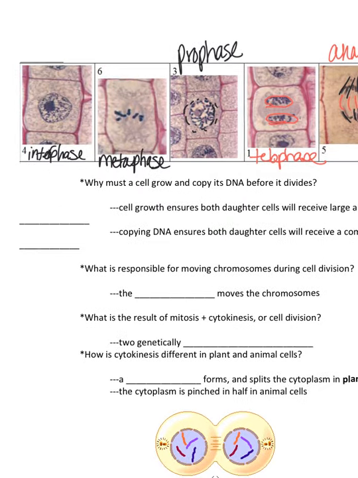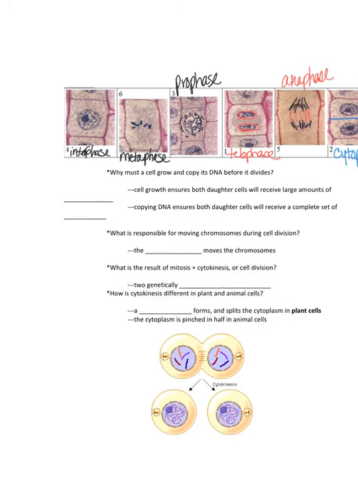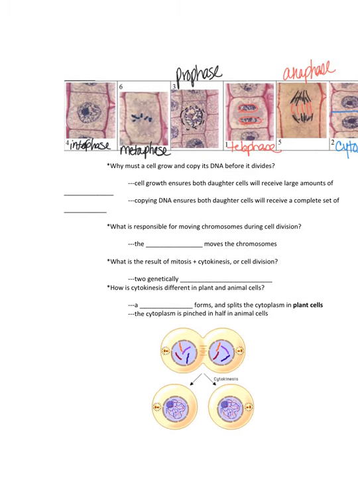So why must a daughter cell grow and copy the DNA? Growth occurs so that both cells receive large amounts of cytoplasm. And copying the DNA ensures both daughter cells will receive a complete set of chromosomes. So what moved the chromosomes through the cell?